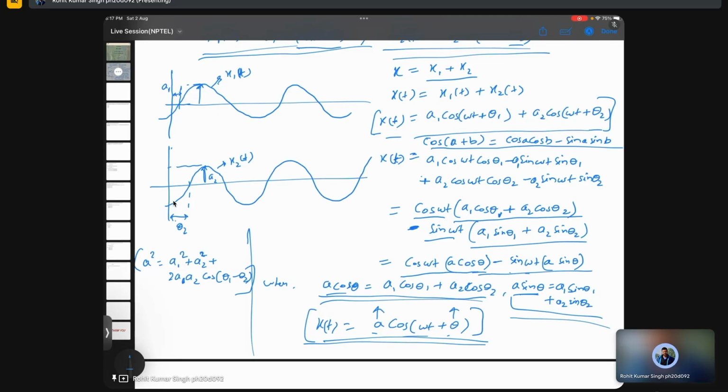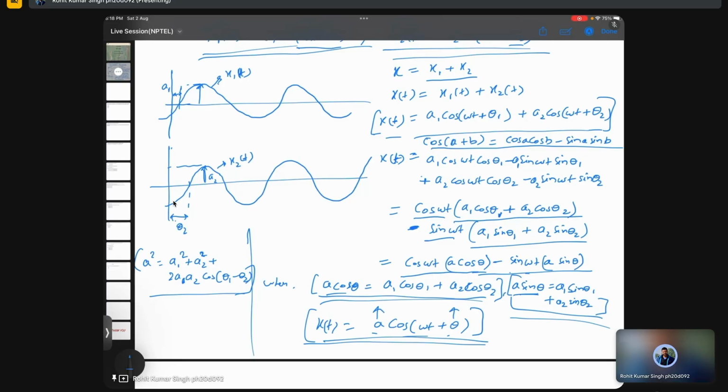Cos A minus B is similar, just you will have a positive sign in the middle, okay. Is everyone fine with this A square formula? You have to just square these two equations and sum them, right hand side and left hand side separately, and you will get this formula.